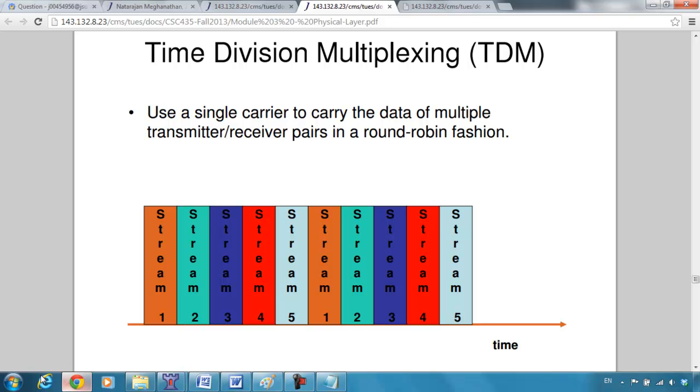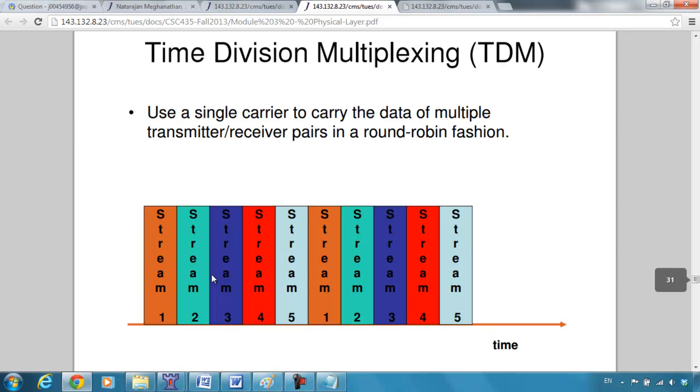So for example, if streams 1, 2, 3, 4, 5 are using these respective time slots, but say 2, 3, 4, and 5 don't have anything to send, the channel remains idle during those time slots. Whereas if stream 1 has more information to send, it has to wait for the subsequent time slots to come for its own slots. Stream 1 can send only in this time slot and only in this time slot. It cannot send in the other time slots.